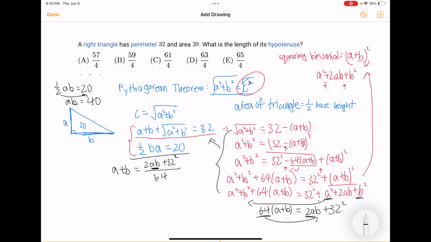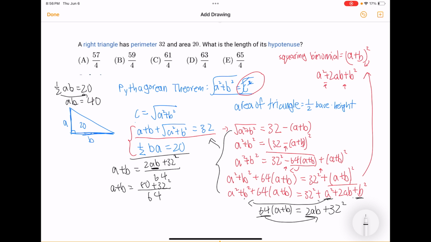And so now we know what a times b is, we can plug that in to this, and we would get a plus b is equal to 80 plus 32 squared over 64. And so now it's just numbers. We can just solve for this side and then get what a plus b is.